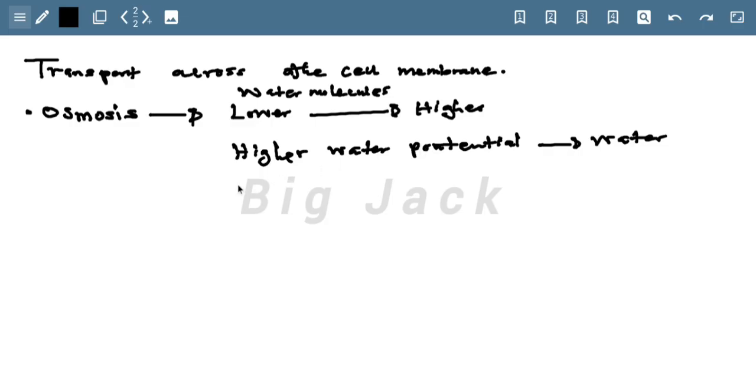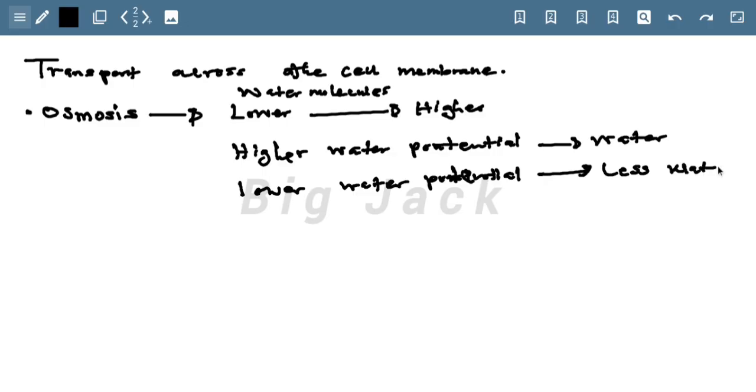Then when you talk of low water potential, you mean a region with more solutes and less water, so you have less water but high solutes. That is one thing that you need to know about osmosis.